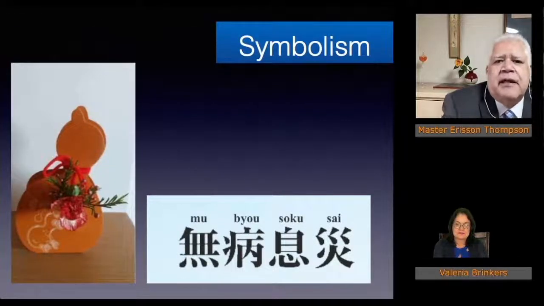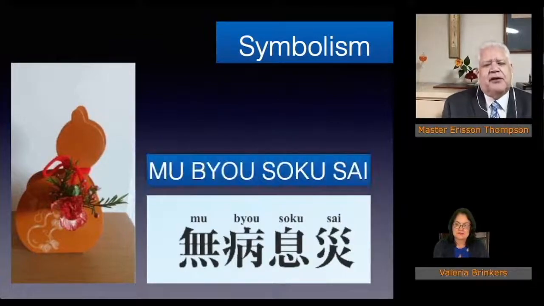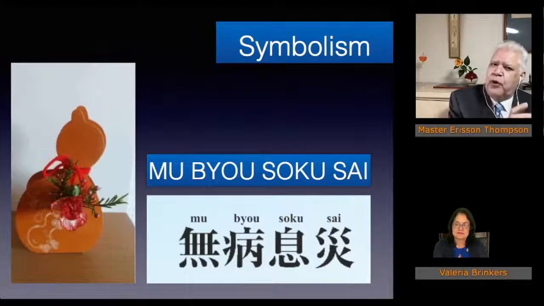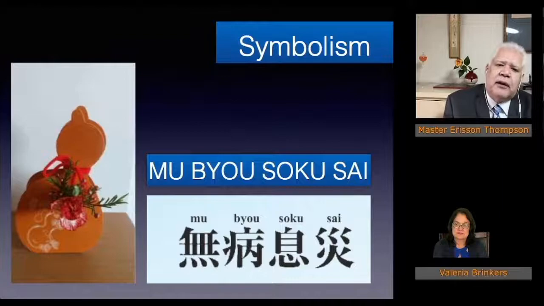I have one more example, okay? This phrase, mu byo shoku sai, means no illness, no conflict, no tragedy. They use the ideogram, the sound of the word gourd, to transform this sentence.